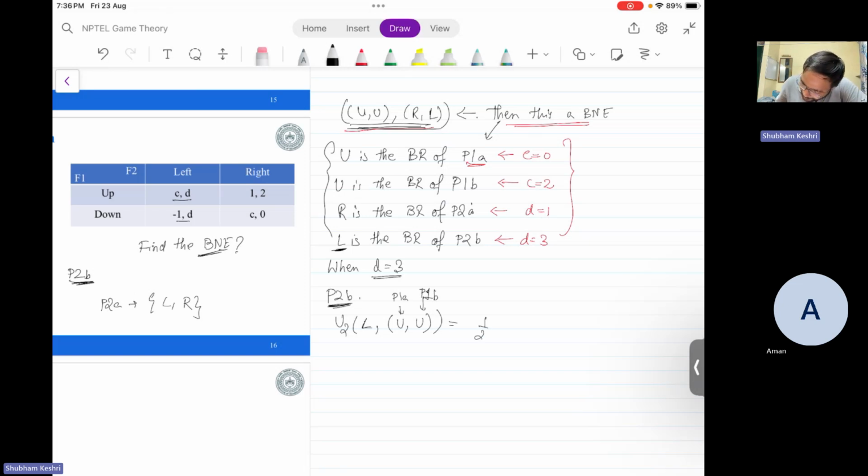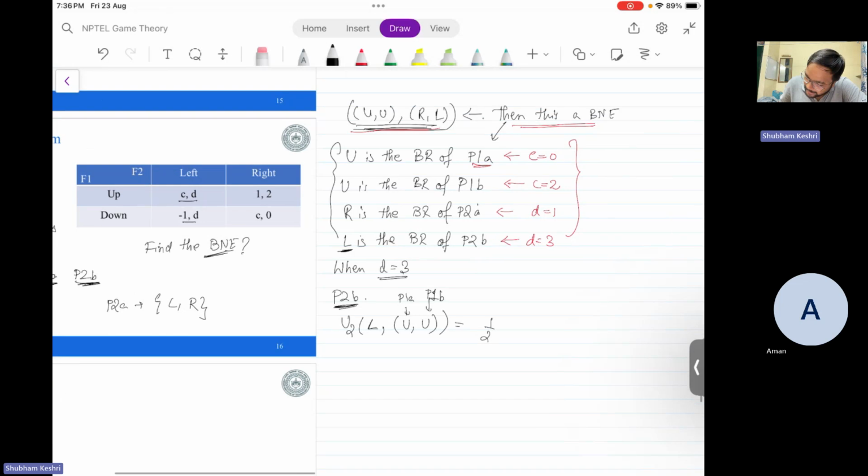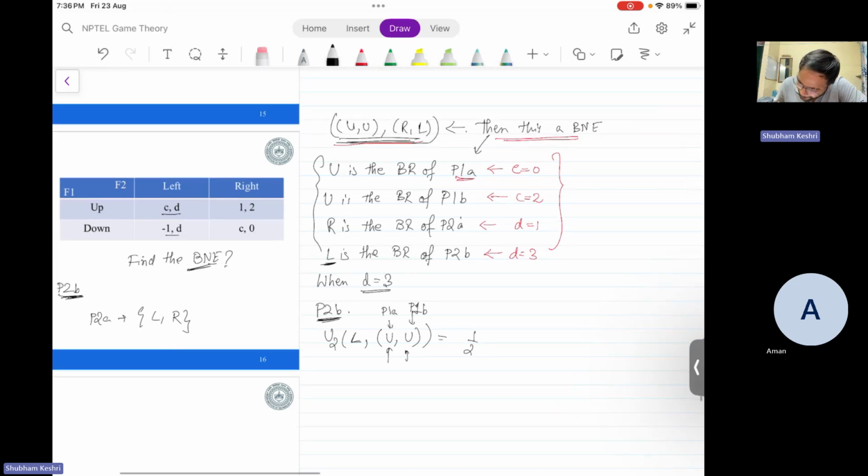This will be half times when he is U and again half times when he is U. So you have to be careful. When C is equal to 0, he is of type A. When C is equal to 2, he is of type B. So when he is of type A, this C will be 0 and this D, so we have fixed. What is this D?